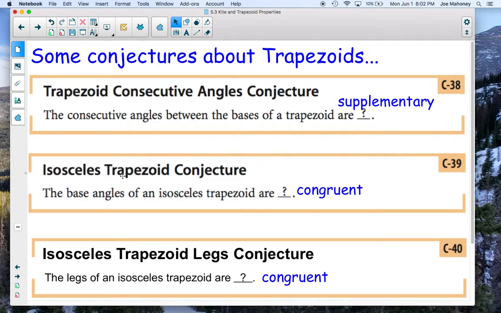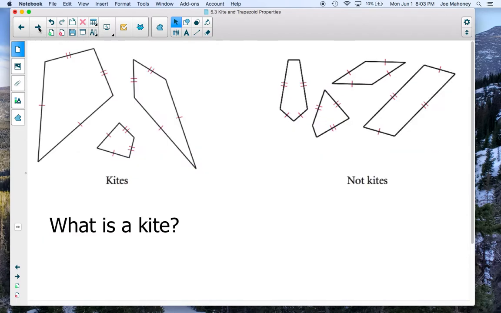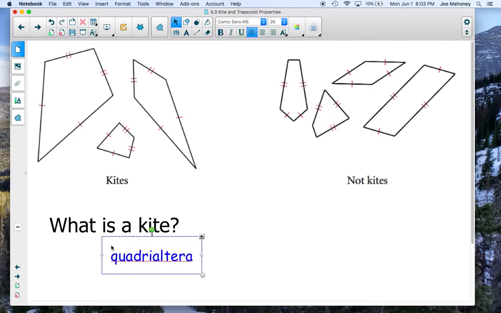All right, let's move on a little bit. Now we're going to talk about some kites. And similar to before, on the left, you see kites. On the right, you do not. So what's a kite? Well, if you said that a kite was a quadrilateral, and that's not how you spell quadrilateral, it's quadrilateral, there we go.